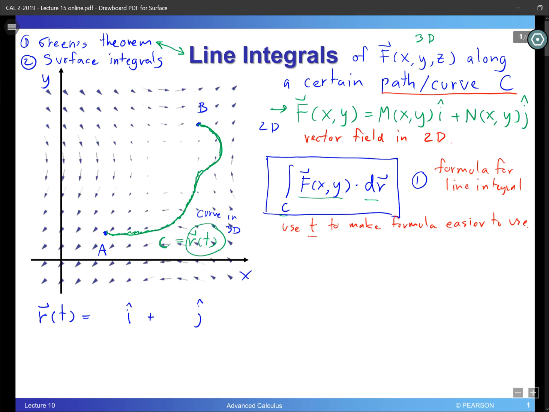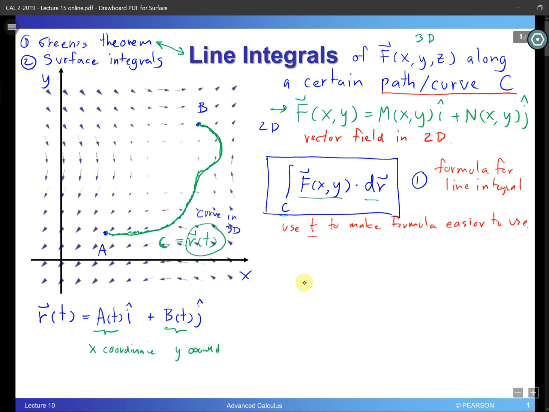The coefficient in front of i is going to change over time, and the coefficient in front of j is going to change over time too. One thing you need to keep in mind: these two represent the xy coordinate in the Cartesian coordinate system. This a of t is the x coordinate, and b of t here is the y coordinate.